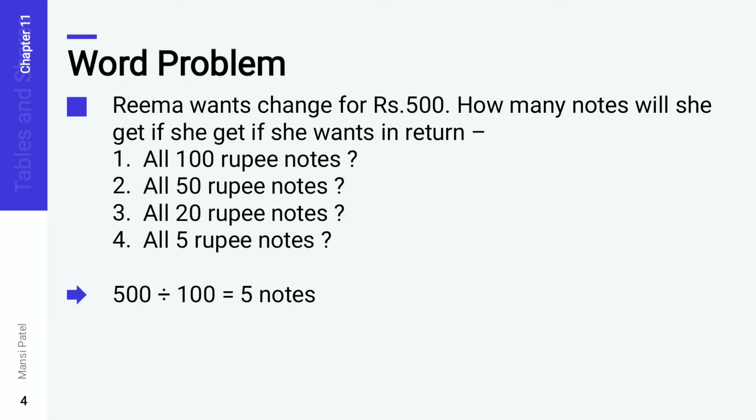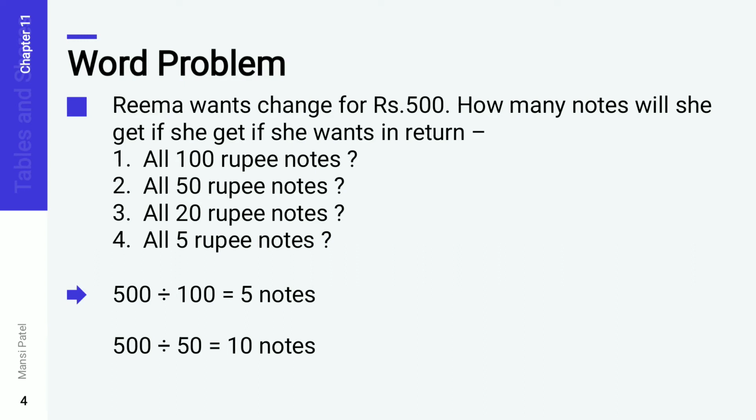Or we can say that 5 notes of rupees 100 make rupees 500. Now your another question is that all the notes are of rupees 50. The same thing you have to do here. 500 divided by 50. So we can say that 50 tens are 500.